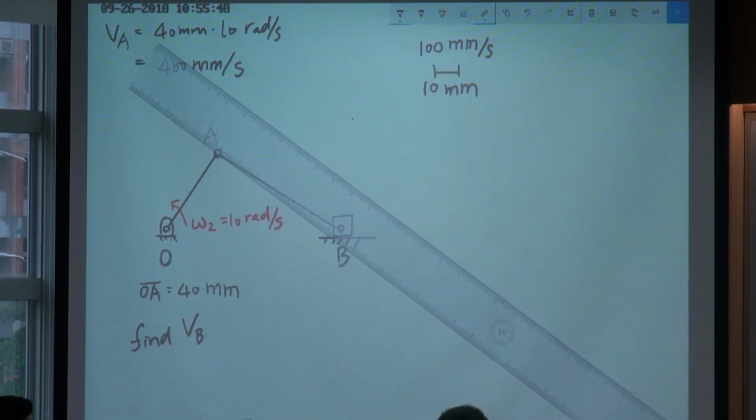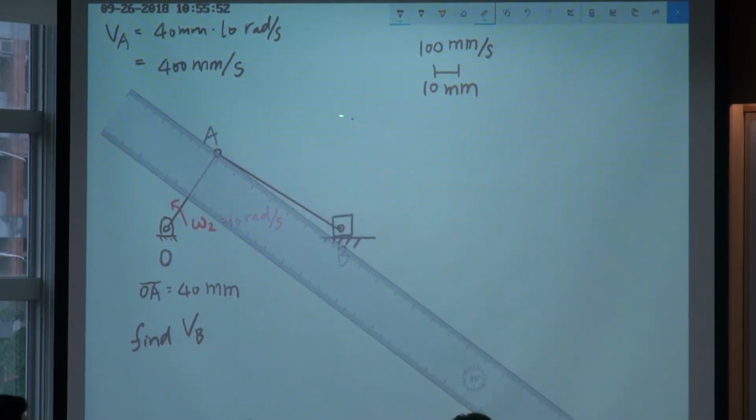Right now it's 400 millimeter per second. And here I use a scale: 10 millimeter represents 100 millimeter per second. It's just a scale I set for this case, but it depends on how large your paper is. Maybe you can use a larger or smaller scale, depending on your space to draw your diagram.